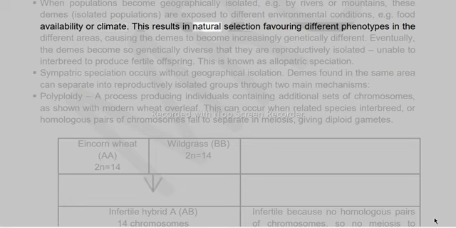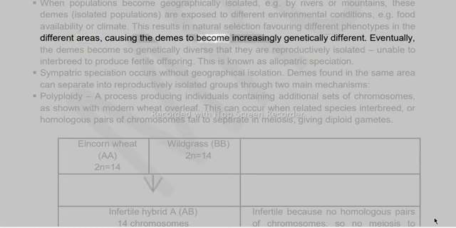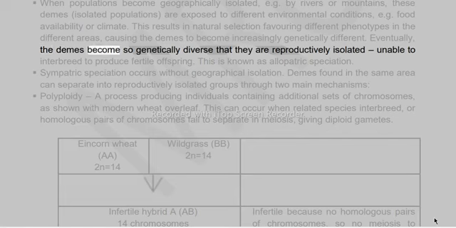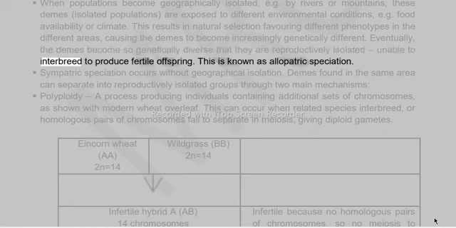This results in natural selection favoring different phenotypes in the different areas, causing the demes to become increasingly genetically different. Eventually, the demes become so genetically diverse that they are reproductively isolated, unable to interbreed to produce fertile offspring. This is known as allopatric speciation.